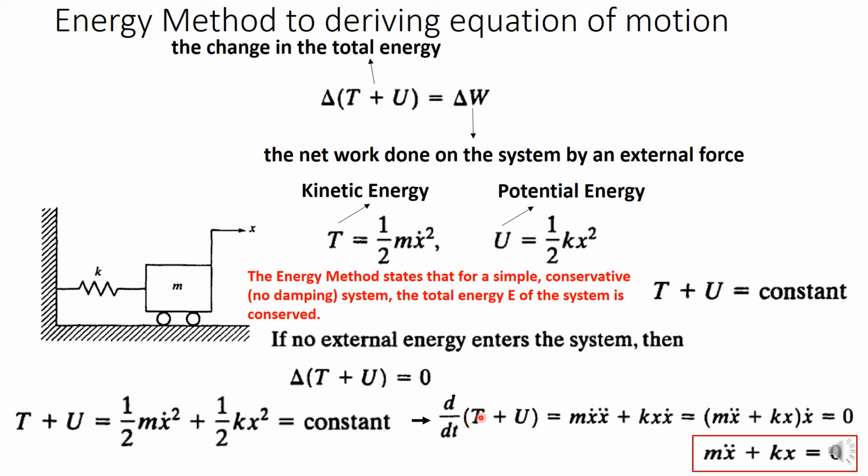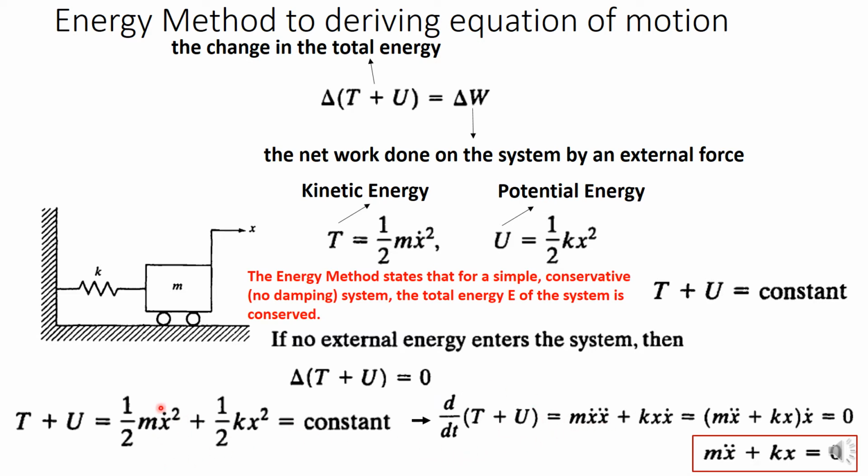And when we do the derivative for this T plus U, because the change of the energy should be equal to 0, the derivative of the kinetic energy plus potential energy should be equal to 0.